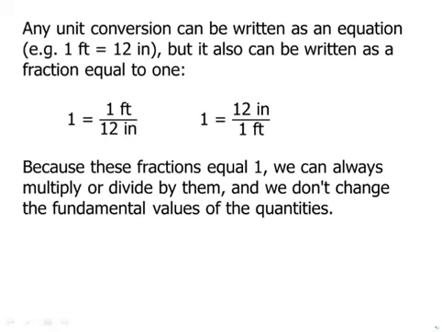So much in the same way, you can always multiply a fraction, say, by something like 7 over 7. That doesn't change the value of the fraction because you're really multiplying by 1. Much in the same way, you can take any quantity and multiply by something like 1 foot over 12 inches, or 12 inches over 1 foot. You can multiply by either of these, and it wouldn't change the value either, because this is also multiplying by 1.